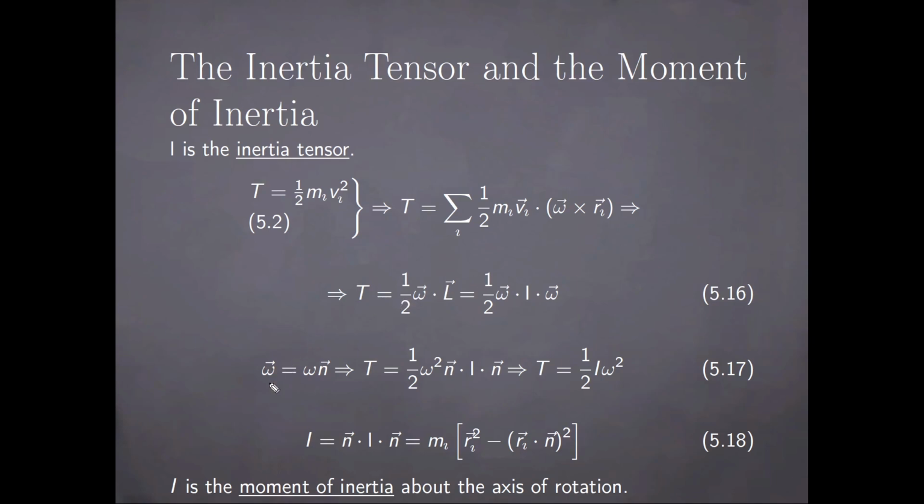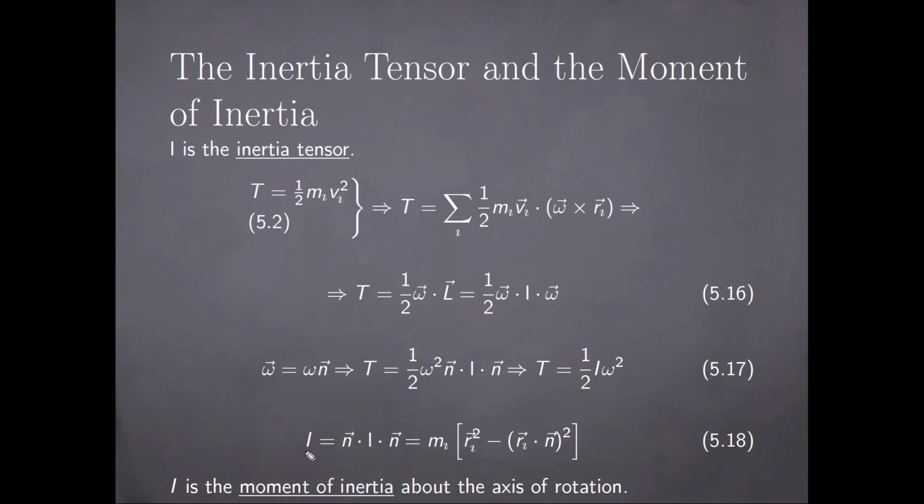Now, the angular velocity itself is oriented in a specific direction, and then the expression for T that we have obtained above can be written as here. And what this allows us is to write the explicit contraction of the inertia tensor in terms of a scalar quantity I, which is known as the moment of inertia about the axis of rotation.